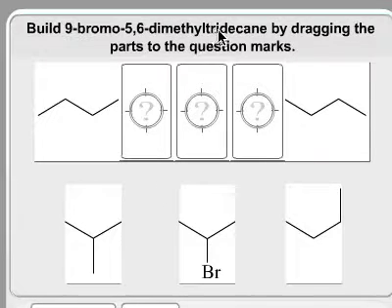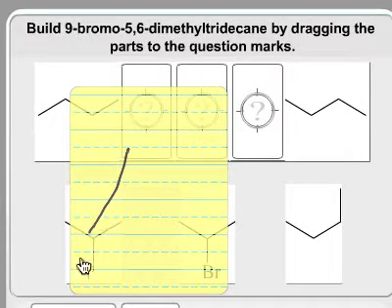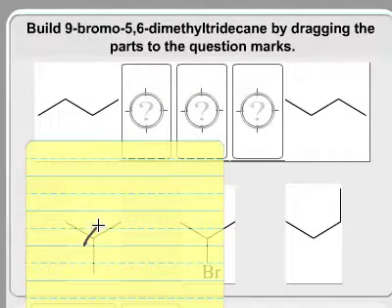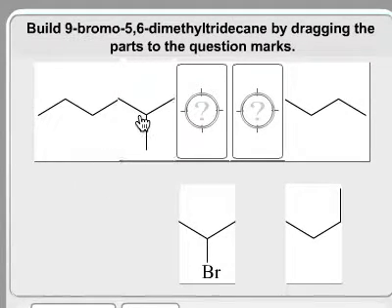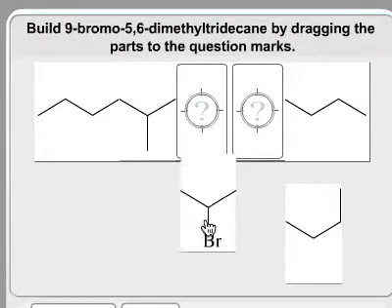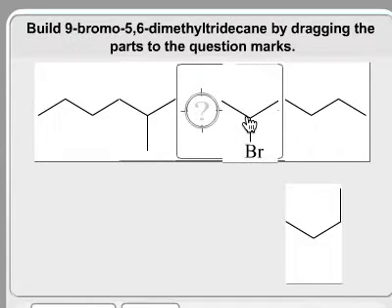Not sure about that tri there. 1, 2, 3. Gotta have 10. It's just decane. I gotta have 10. So let's just start moving things into place and see if we can make any sense out of it. 9-bromo.